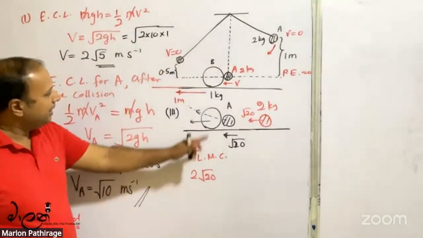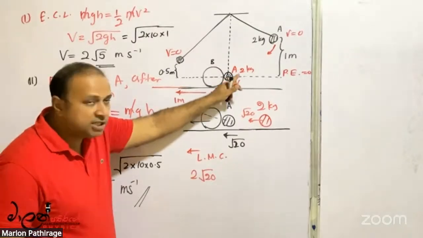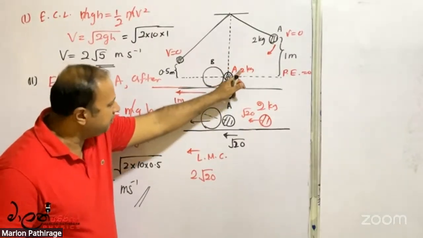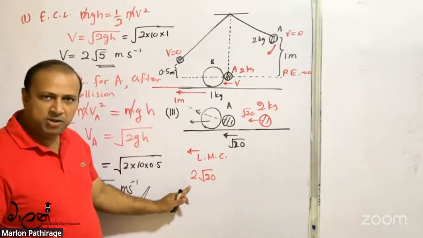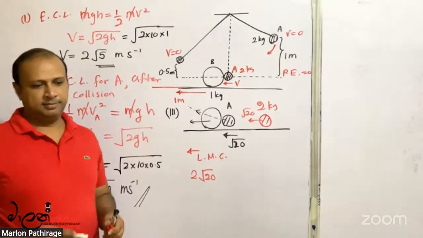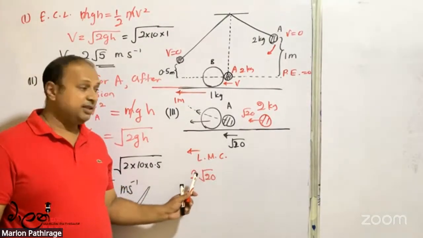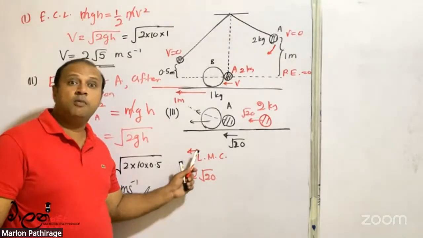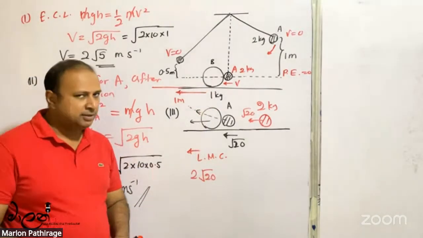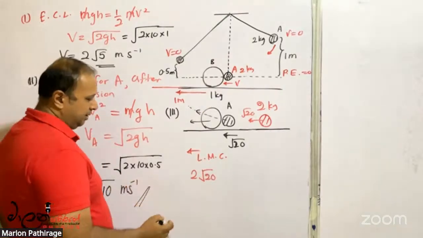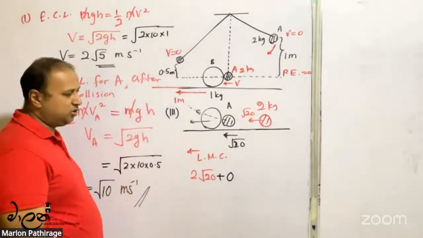Therefore, the initial momentum just before the collision is 2 into √20. Initially, this other object had no momentum, it is at rest.